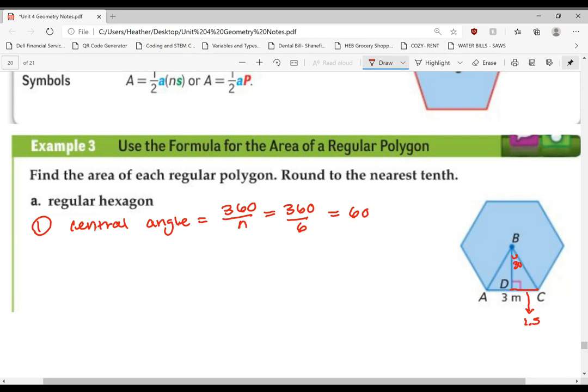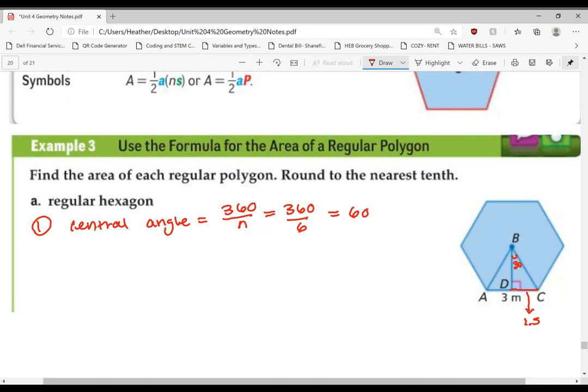The triangle BDC is going to be a 30-60-90 triangle with a shorter leg that measures 1.5 meters. So that means BD is going to be 1.5 square roots of 3 meters.